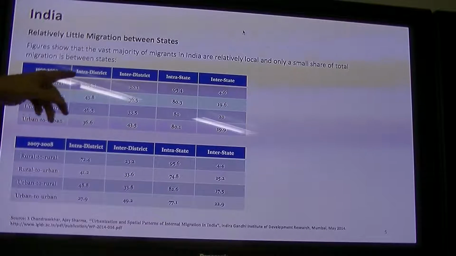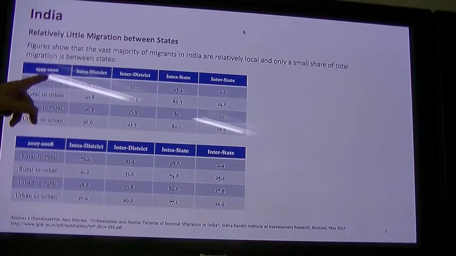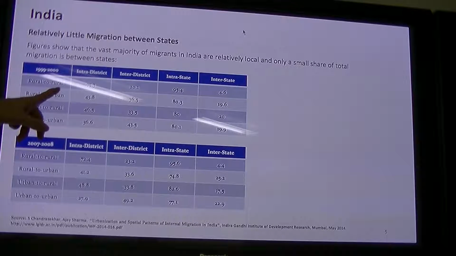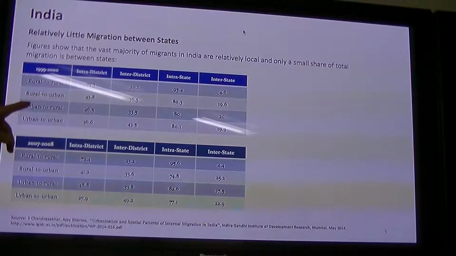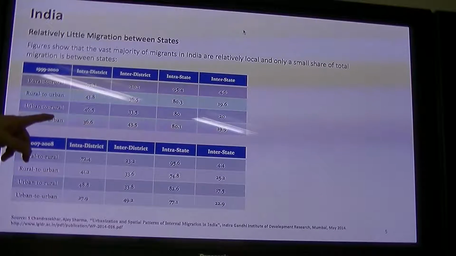So one of the interesting things this shows is migration from a rural place to a rural place, rural to an urban place, urban to a rural place, and urban to urban.